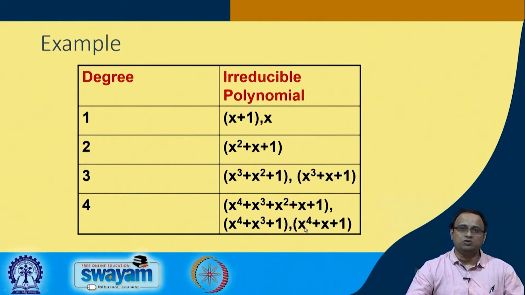So what I can now do is take arbitrary polynomials where the coefficients are in GF(2), and once I take such polynomials and start reducing them, or do a modulo operation with any of these polynomials, like say x^4 + x + 1, then I can construct the field GF(2^4).